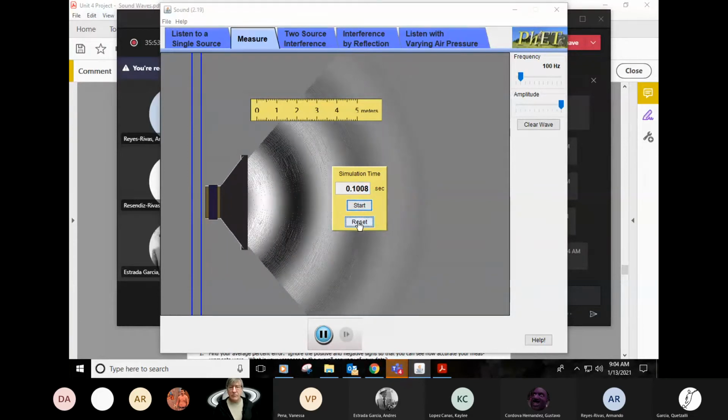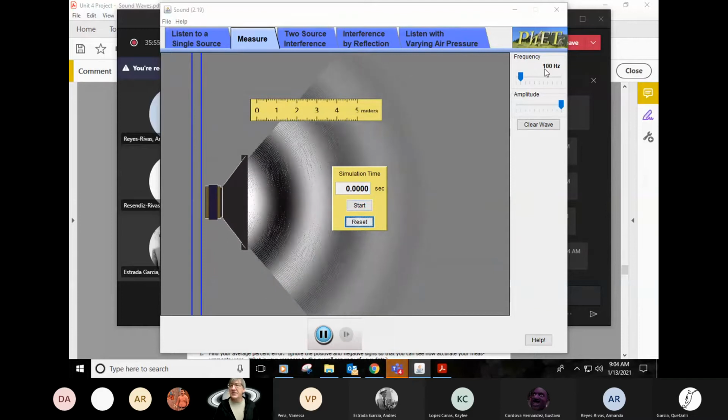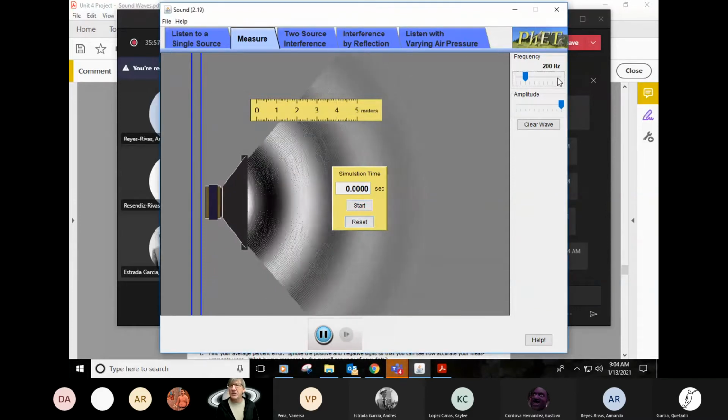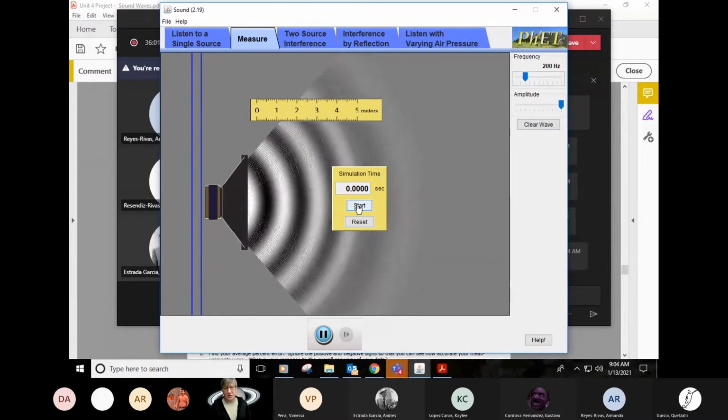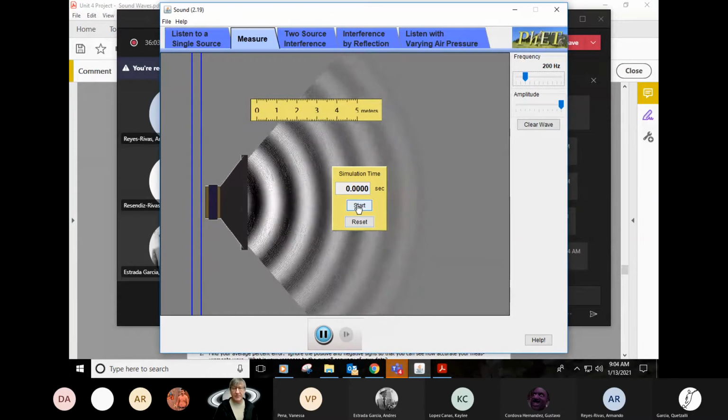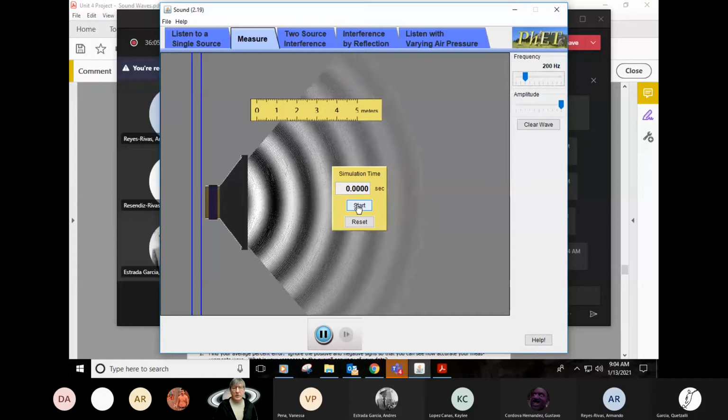Now I have to remember to hit reset. Then I'm going to take from 100, we're going to go up to 200 hertz. And in a moment, you're going to start counting, so be ready. Here we go.